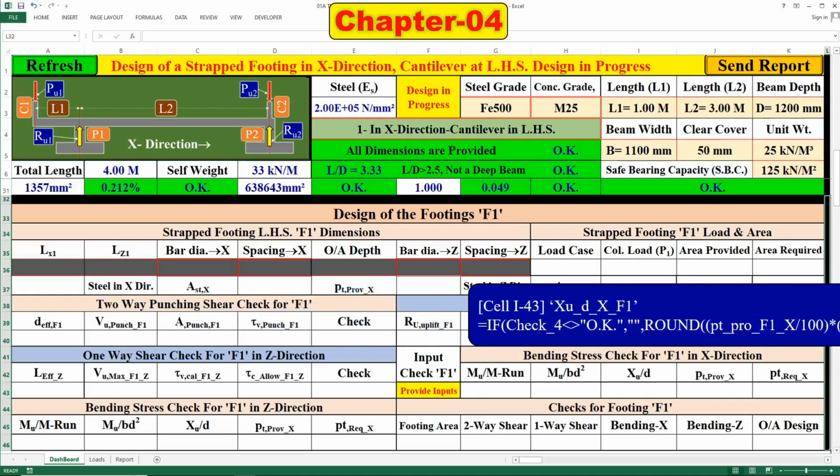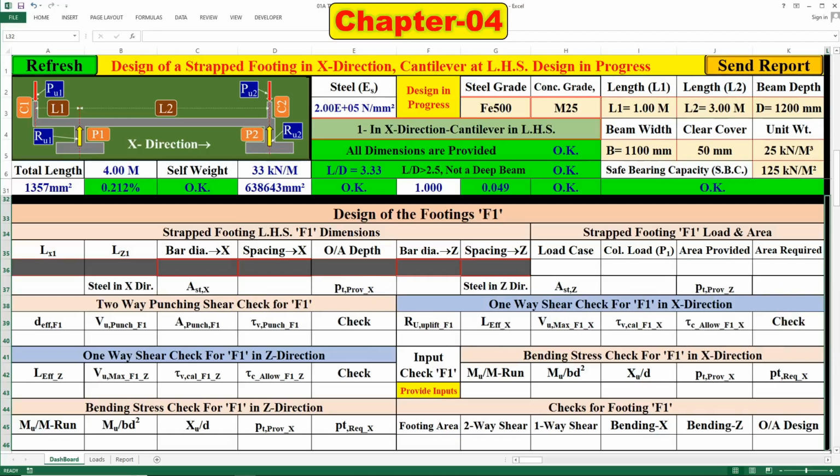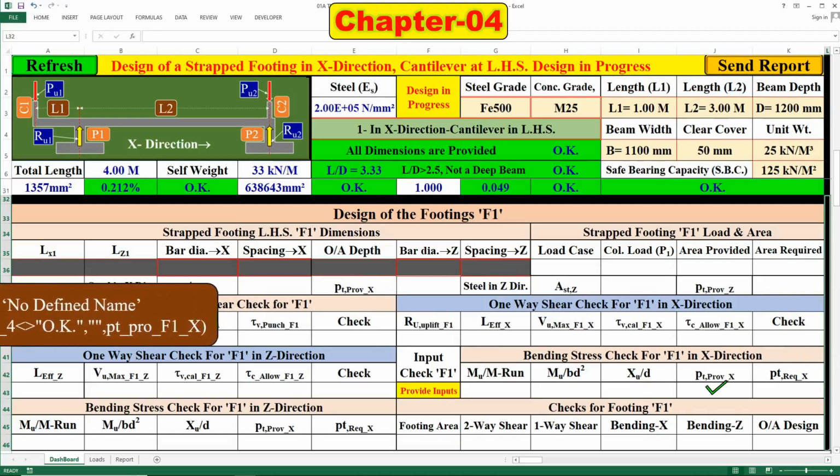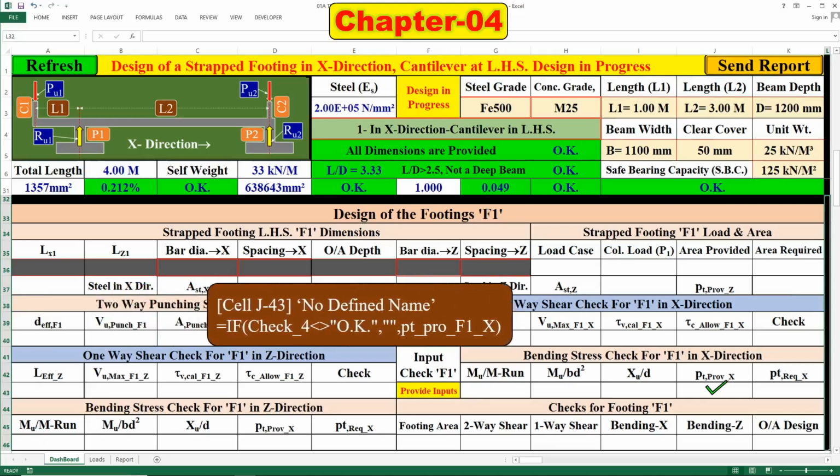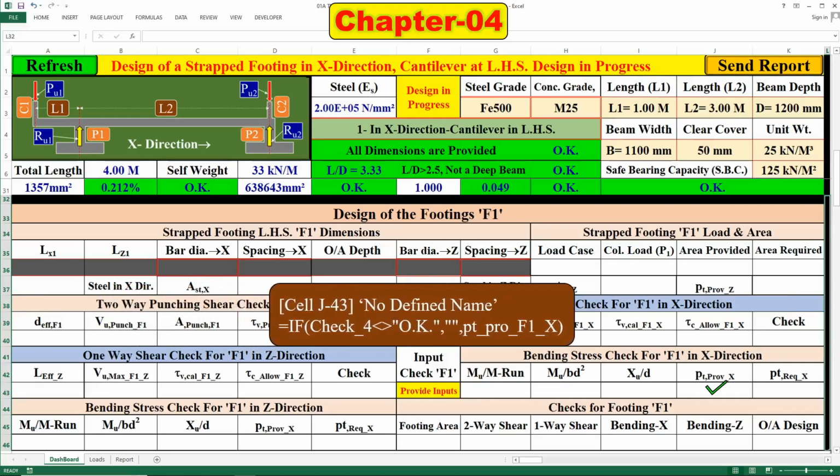Now, it's time for cell J43, representing the percentage of steel provided. This cell has no defined name. Once again, the Excel formula will first check _4, if it does not find _4 equal to OK, this cell will remain blank.